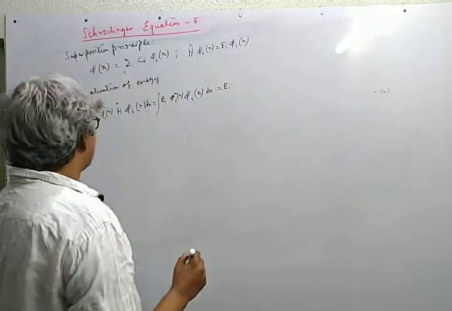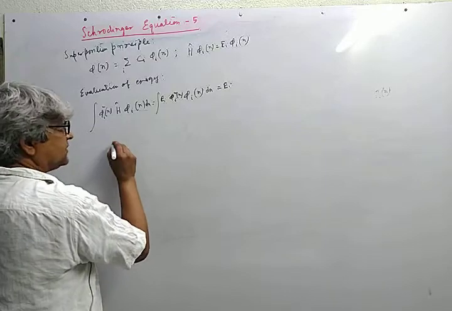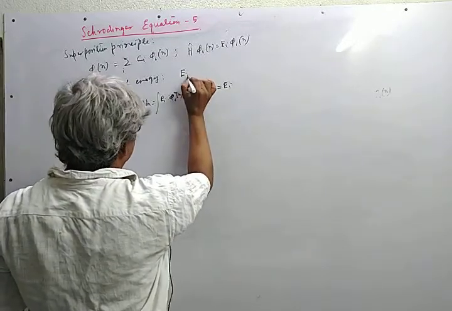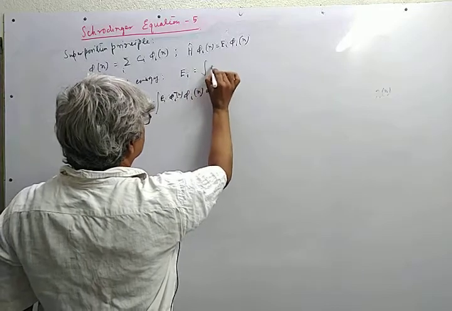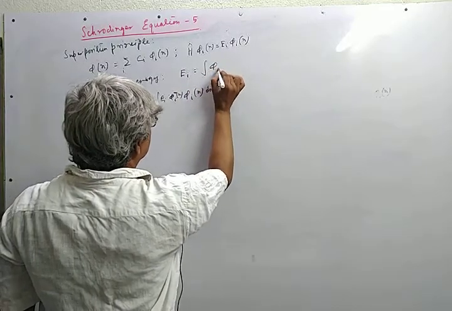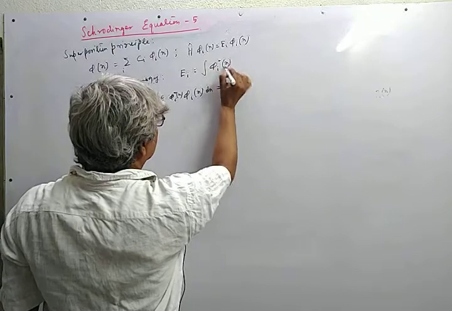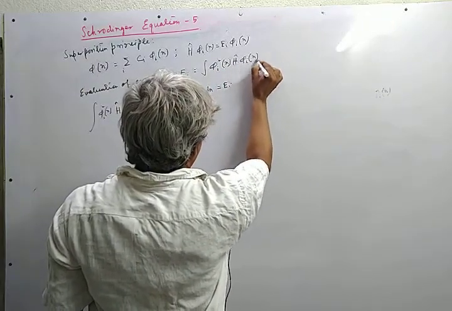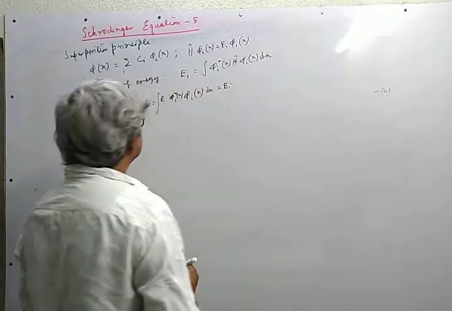So the prescription of getting Ei is simply this. If we want to find out the energy of the i-th state, then we multiply and integrate over the space.